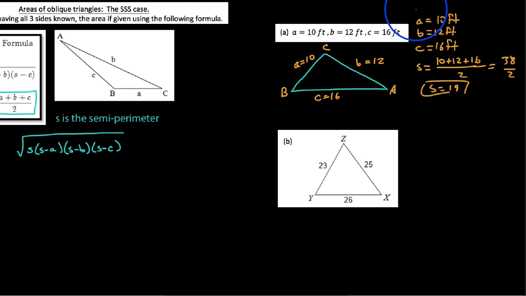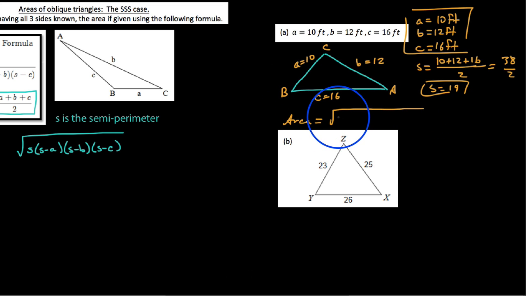With these three side lengths and this semi-perimeter, we can say the area is exactly equal to the square root of 19 times s minus a, s minus b, s minus c.